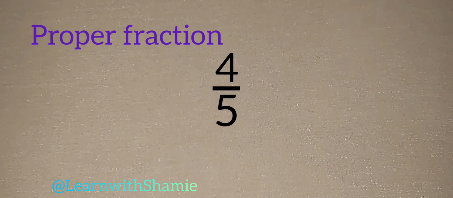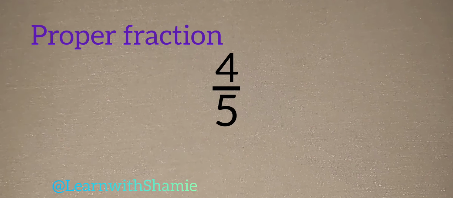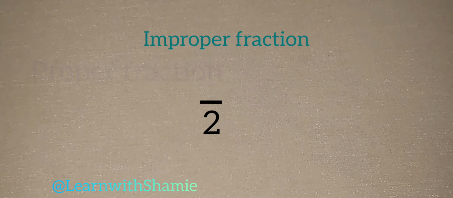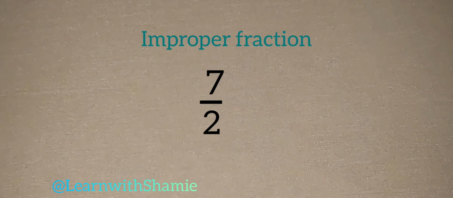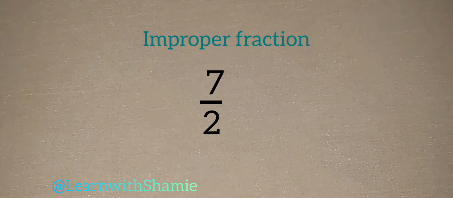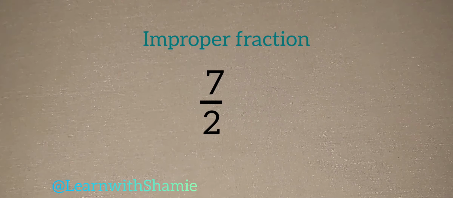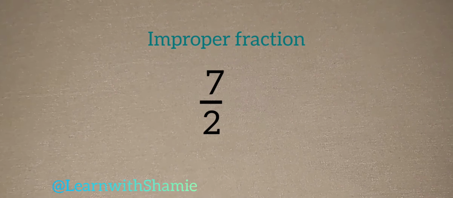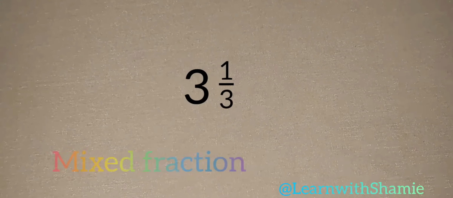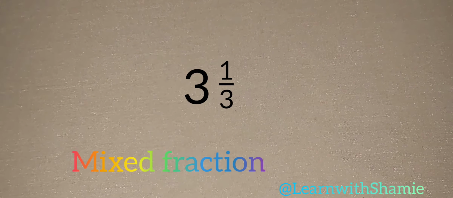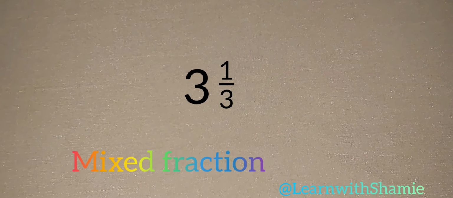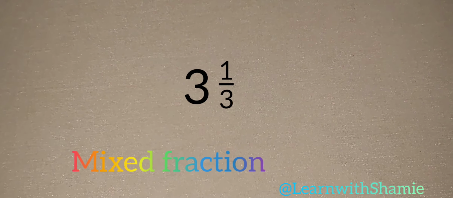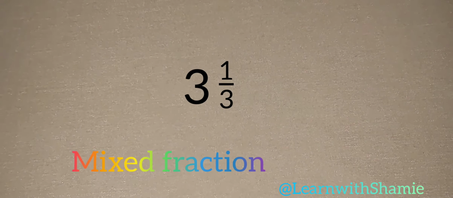Whereas the proper fraction is as shown on your screen, and the improper fraction is when the numerator is bigger or larger than the denominator. So that's the improper fraction you can see on your screen. And the mixed fraction is as shown on your screen with a whole number beside the fraction. So that is a mixed fraction.